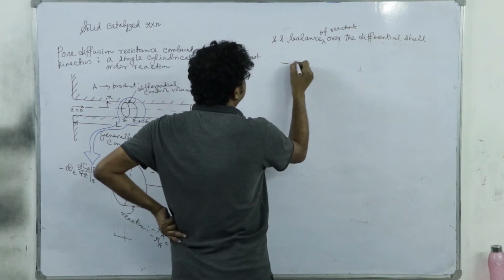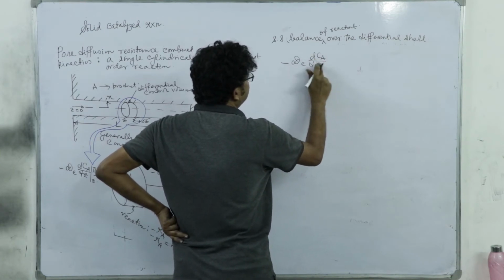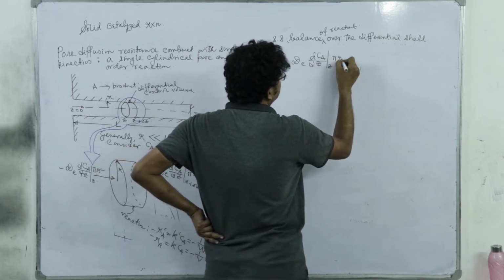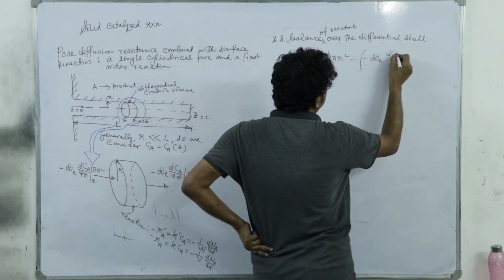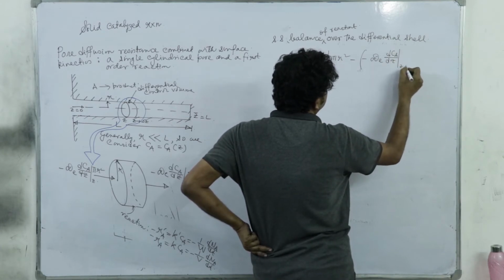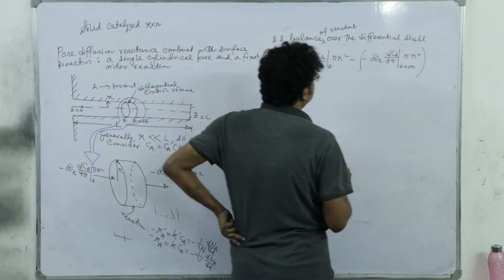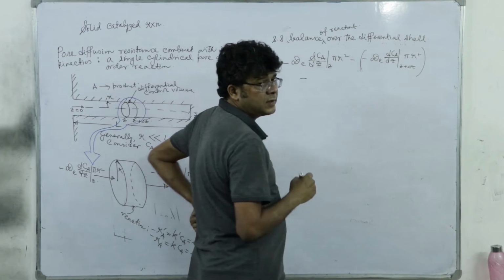So, inflow is minus D dCa dZ at Z into pi r square, outflow at Z plus delta Z, right, inflow minus outflow minus accumulation by chemical reaction.